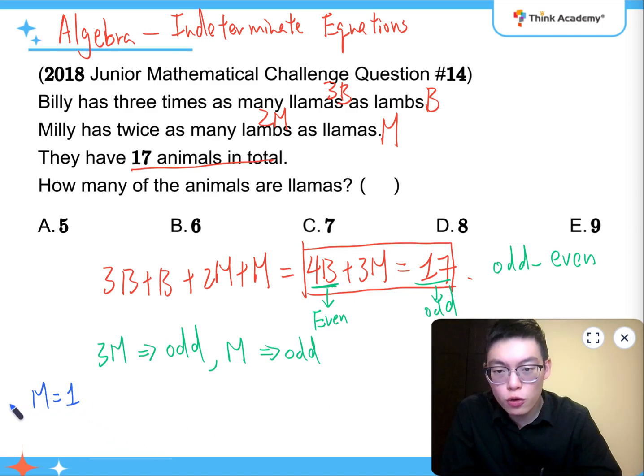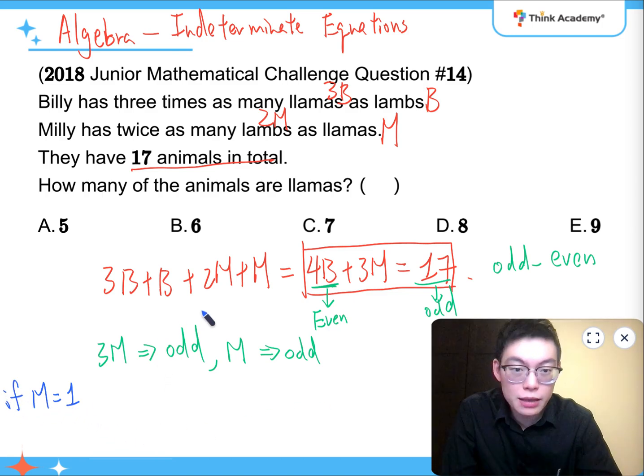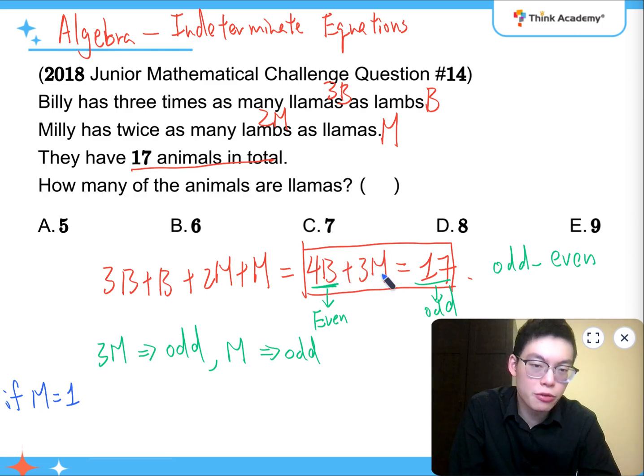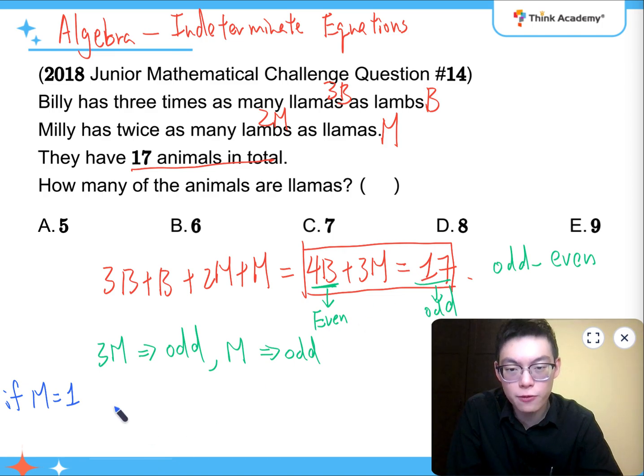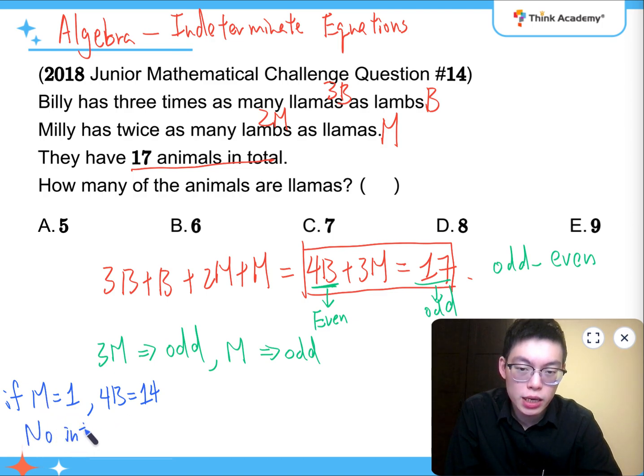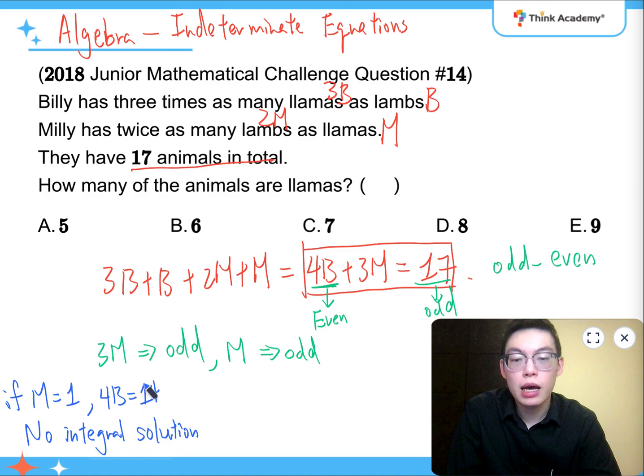If m equals 1, then it means that 3m equals 3, which means that 4b adding 3 is 17, 4b is 14. Which means that there's no integral solutions, because 14 is not a multiple of 4, right?